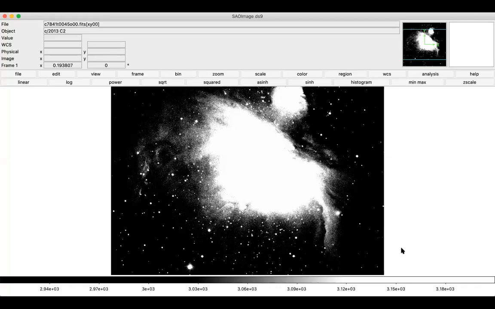Right, so I would assume that you can see the picture that is on my screen. This is actually an image of the Orion Nebula.